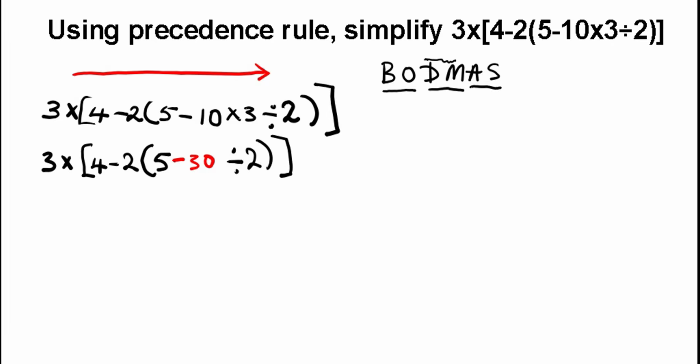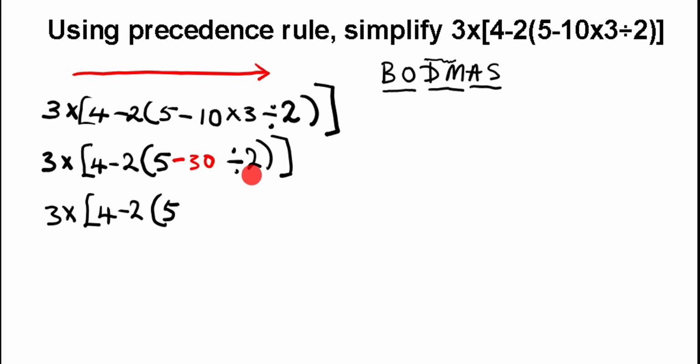So we have 3 multiplied by 4 minus 2, bracket opens, 5. Here, looking at the small bracket also, you will see that division is now here. You now have negative 30 divided by 2.